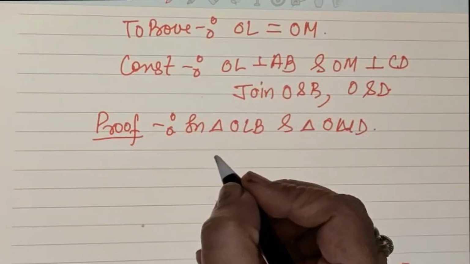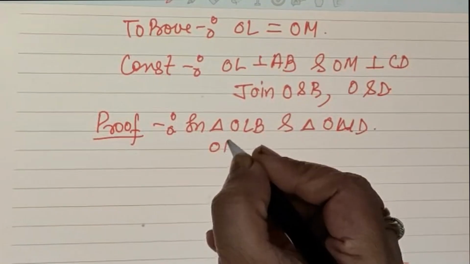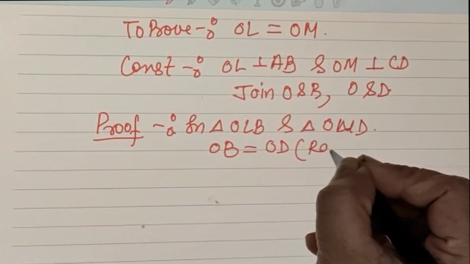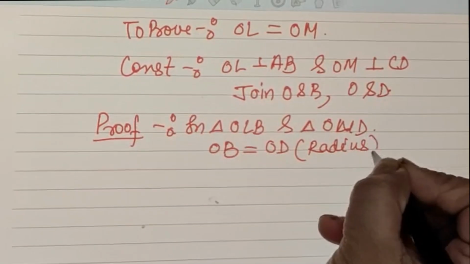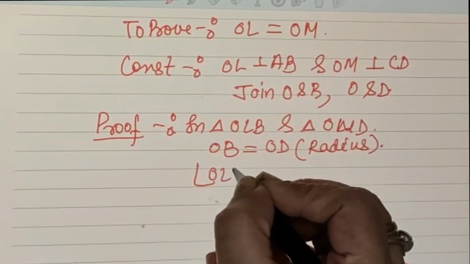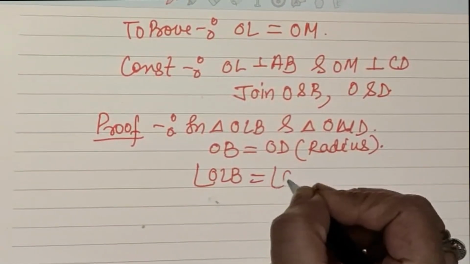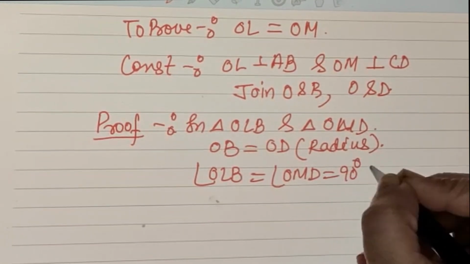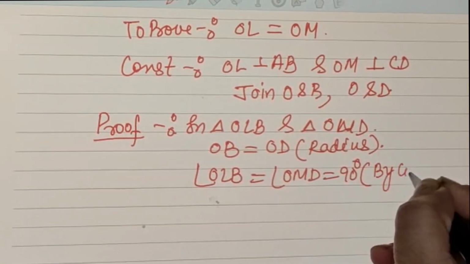First thing I am taking, OB is equal to OD, radius of the circle. Next thing, angle OLB and angle OMD are 90 degrees. Reason is important: by construction.